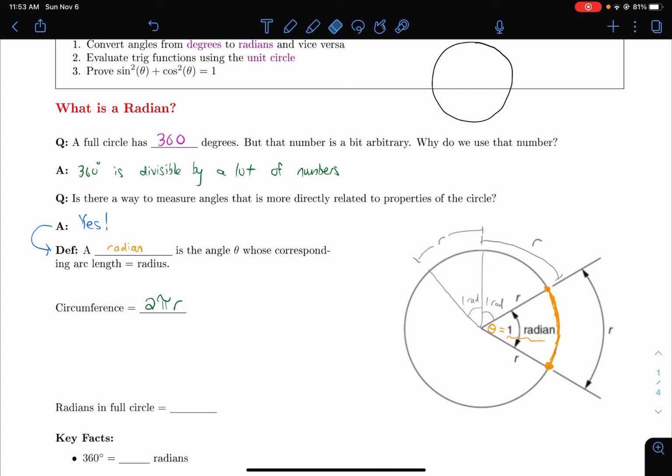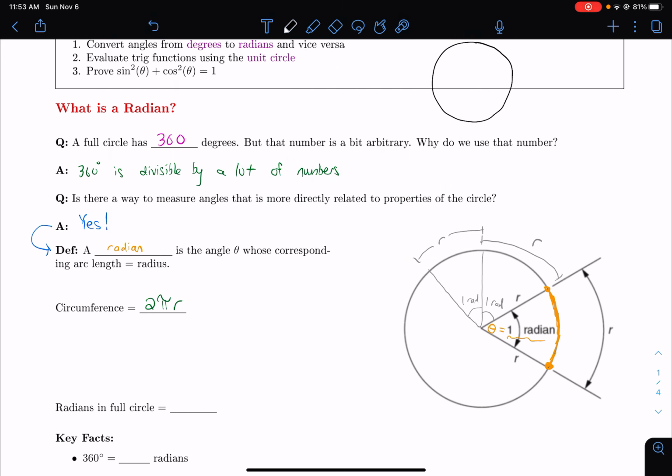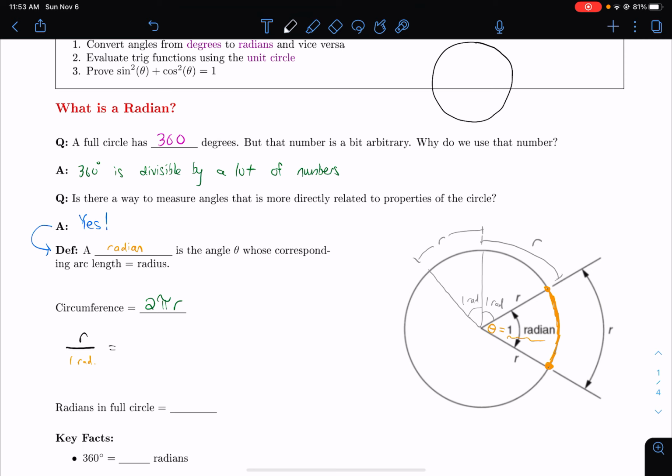So to figure out how many radians there are in a full circle, I'll set up a proportion. When the arc length is r, that corresponds to an angle of 1 radian. So that should match a fraction where the numerator is the entire circumference, and the denominator is the radians in a full circle.